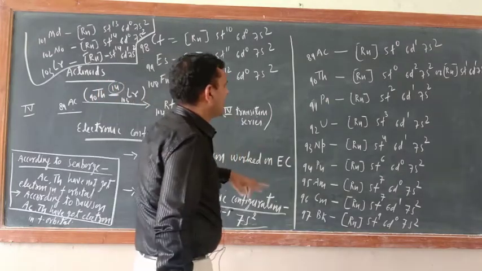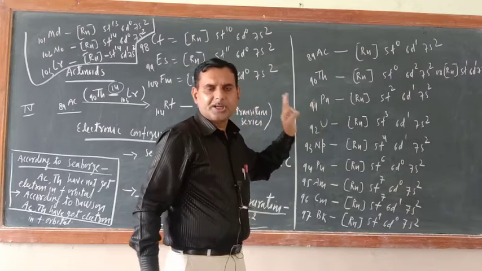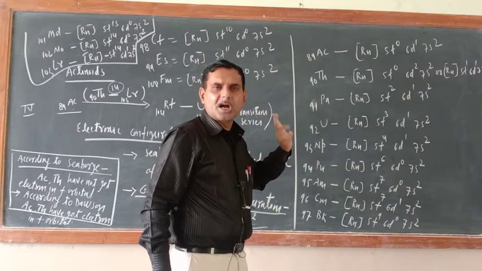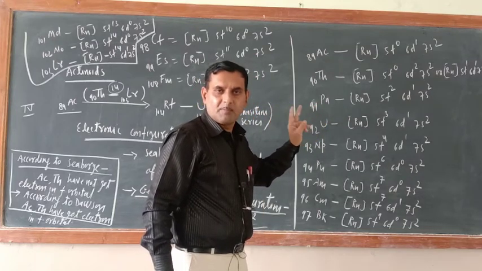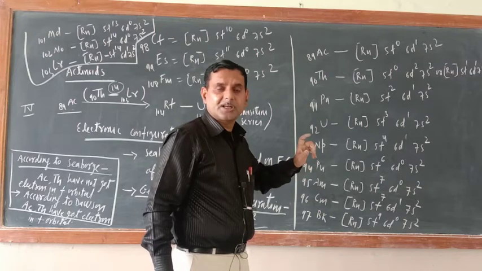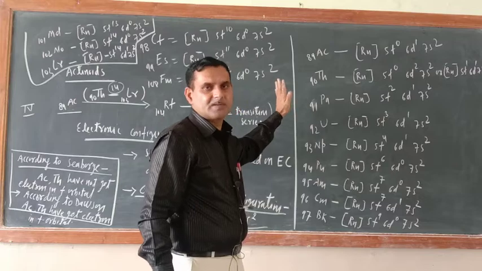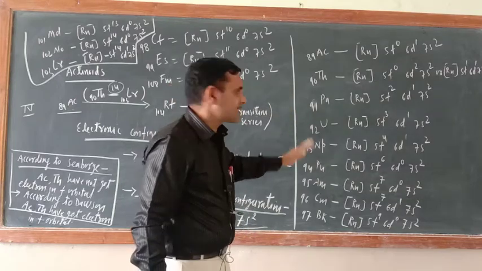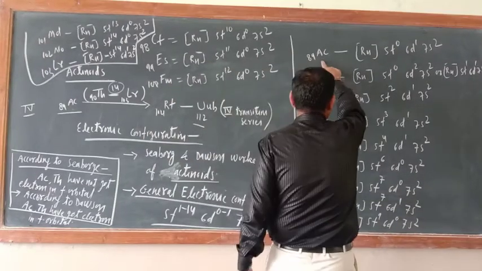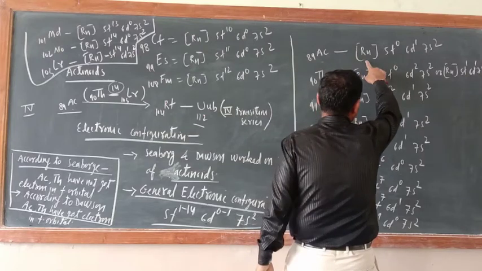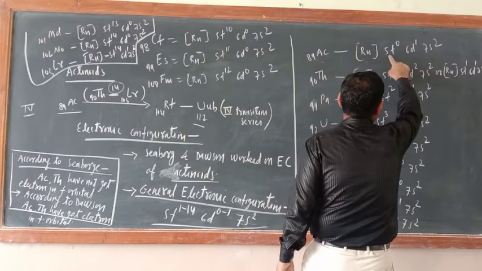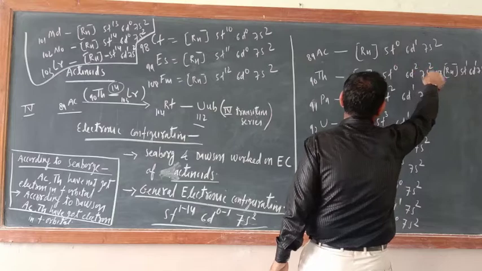So there is a similarity in the electronic configuration of lanthanides and actinides. Now just see, once again, actinium is not a member of actinides, but since its name is actinides, it is customary that actinium is also included along with the series members. So actinium is radon 5f0, 6d1, 7s2.